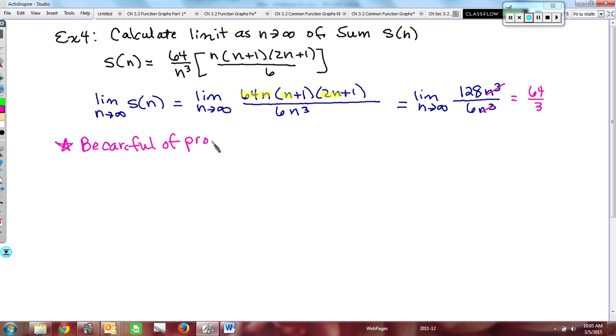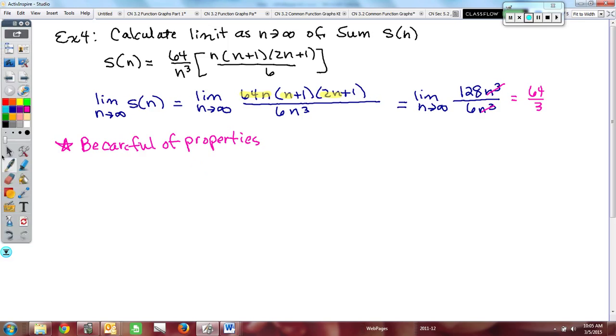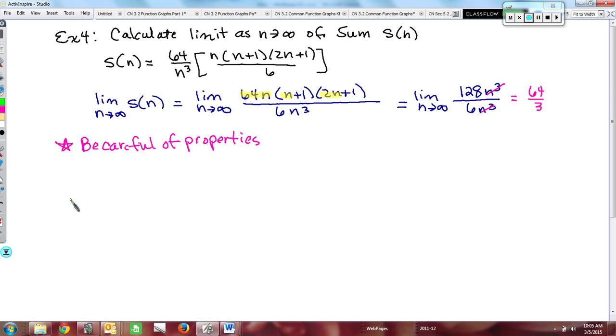The reason I am saying this is that we may be doing a problem that has both a sigma and a limit in it, and we could possibly even throw in a derivative, so you want to be careful of those properties and not get them confused. All right, so again, working toward where we're headed. Now let's take a look at example 5.